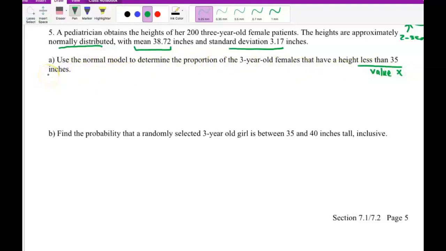So first step, we need to convert that value to a z-score. So convert our x, which is 35, to a z-score.